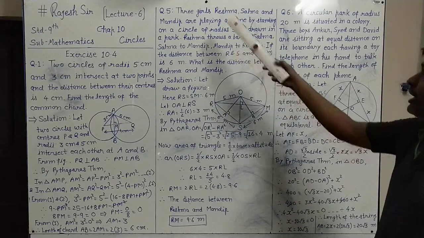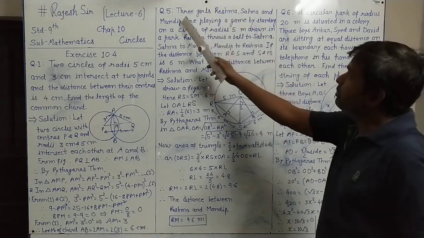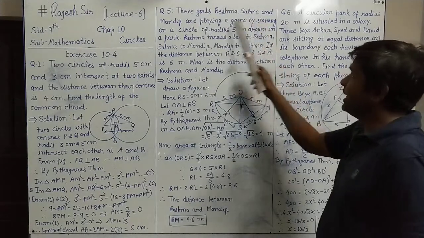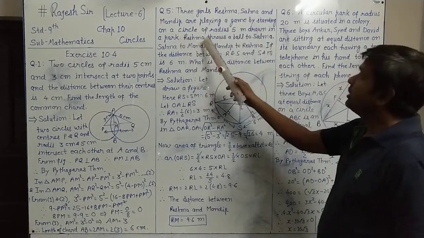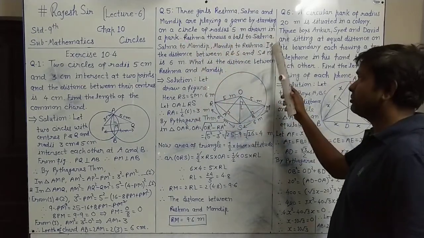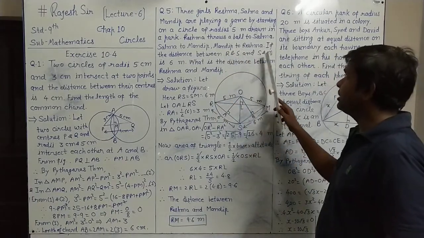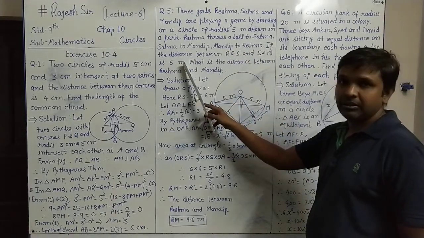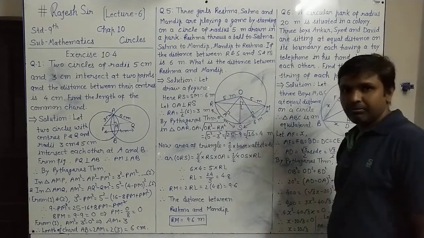Next, question number 5. Here we have 3 girls, Reshma, Salma and Mandeep, playing a game by standing on a circle of radius 5 meter drawn in a park. Reshma throws the ball to Salma, Salma to Mandeep, Mandeep to Reshma. If the distance between Reshma and Salma, and Salma and Mandeep, is 6 meter each, what is the distance between Reshma and Mandeep?